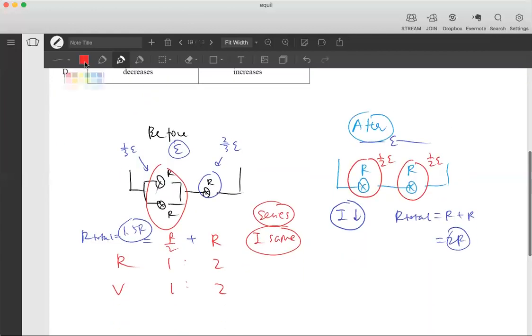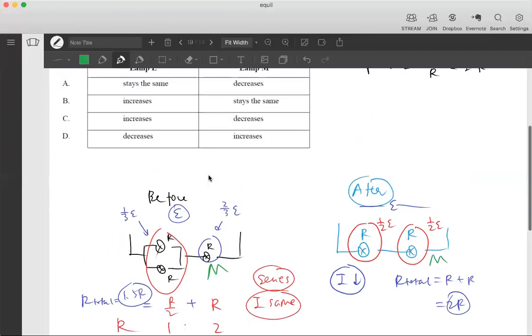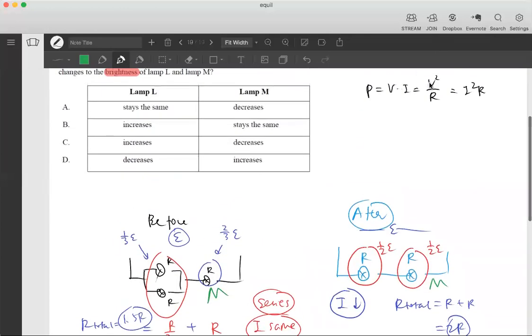This is M before, and this is M after. For comparing M, we have the formulas P equals VI, V squared over R, and I squared R. You can use either V squared over R or I squared R, either is fine.